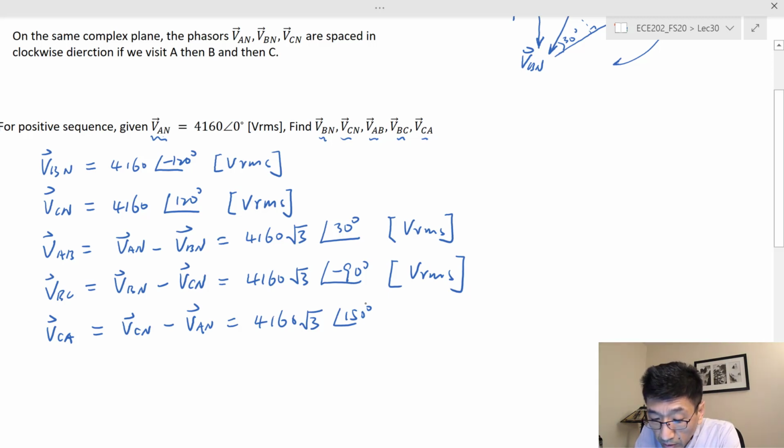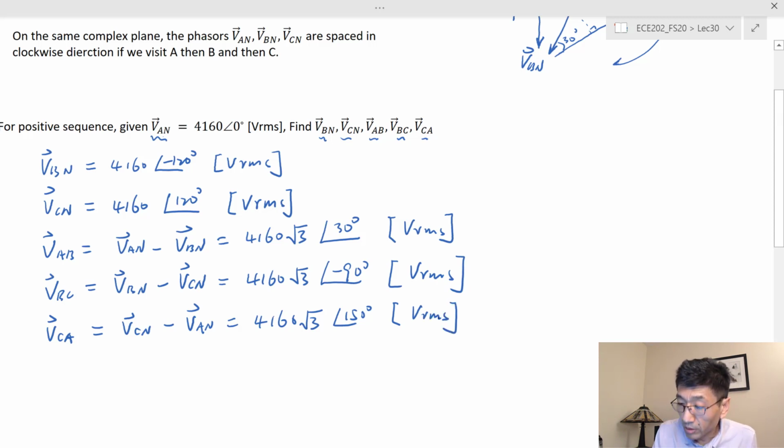VBC lags VAB by 120 degrees, and VCA lags VBC by another 120 degrees, because negative 210 degrees is the same as positive 150 degrees, right? You can always add 360 to get the same phase angle. Okay, so these are the positive sequence.